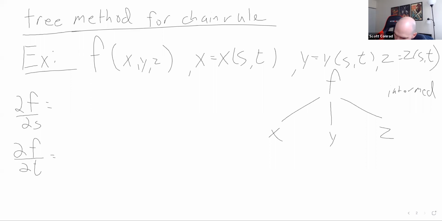So we call these guys the intermediate variables, x, y, and z. And the actual independent variables are s and t, the things we're actually plugging in to get our function.